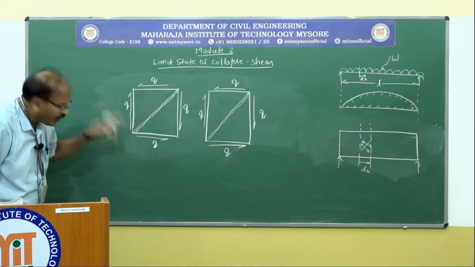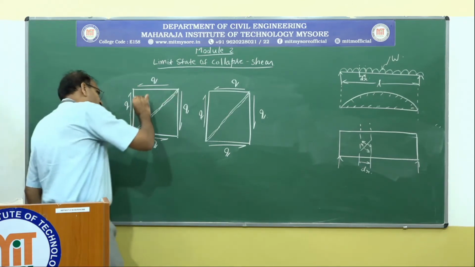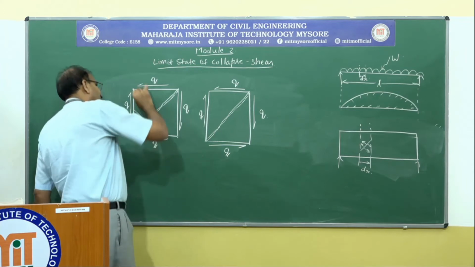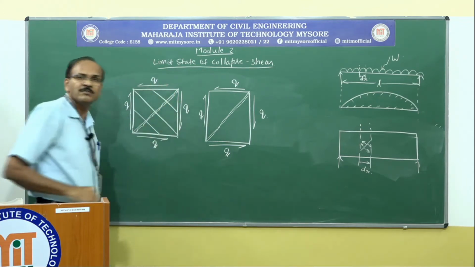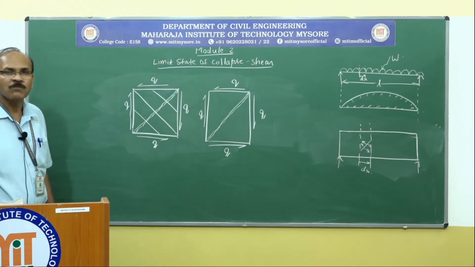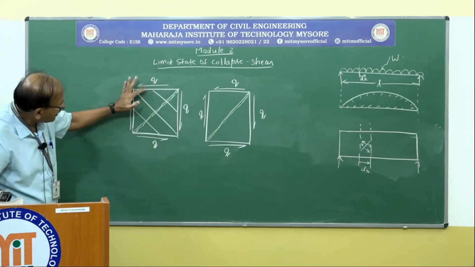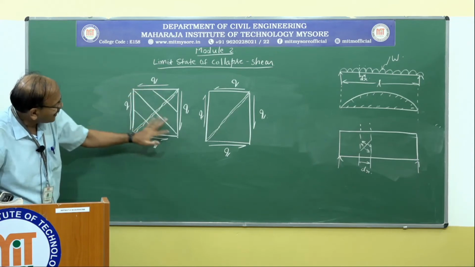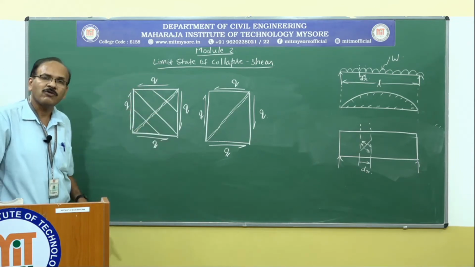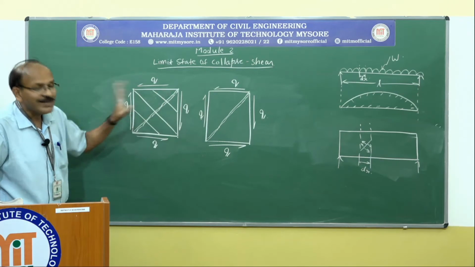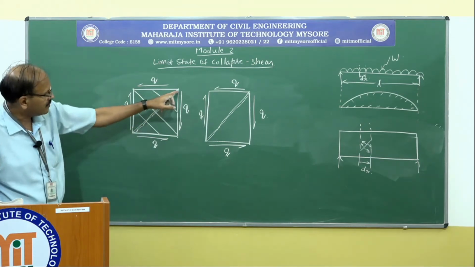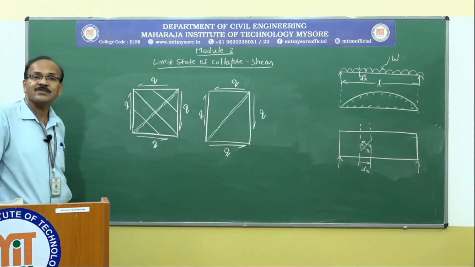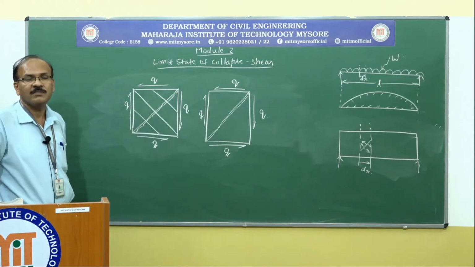So to avoid this kind of failure, what we do is we are going to provide bars in this direction. That is reinforcement bars. So when it is subjected to diagonal tensions, these inclined bars are going to take care of those tensile stresses. They bear the tensile stresses, that way the diagonal cracks are avoided.